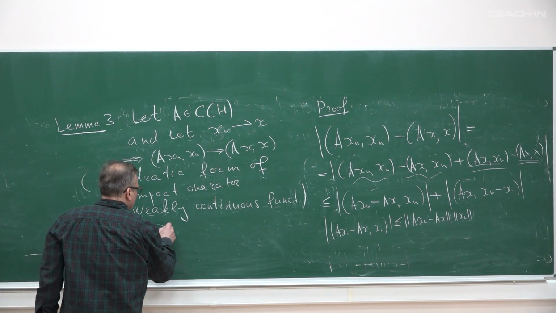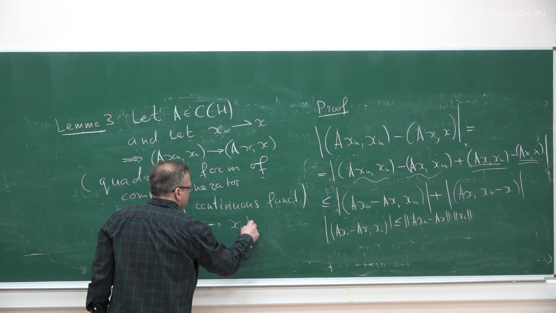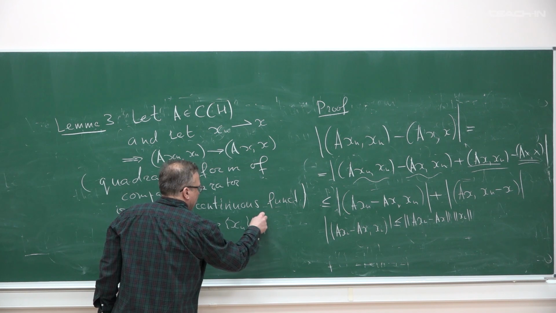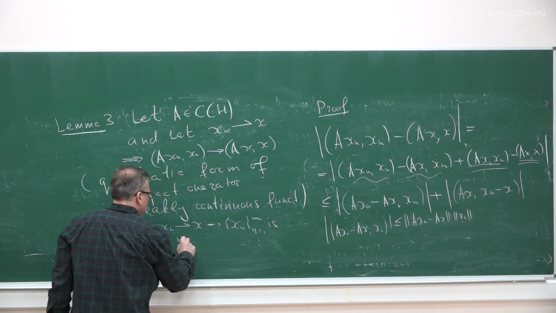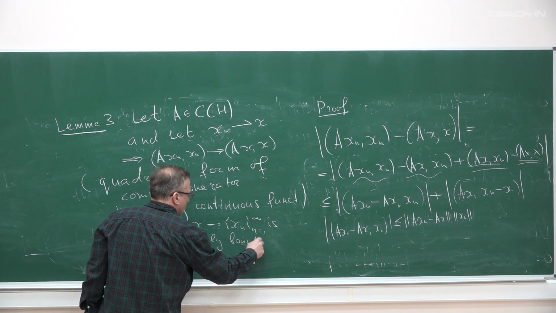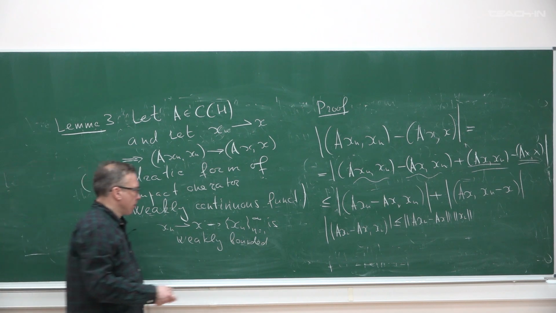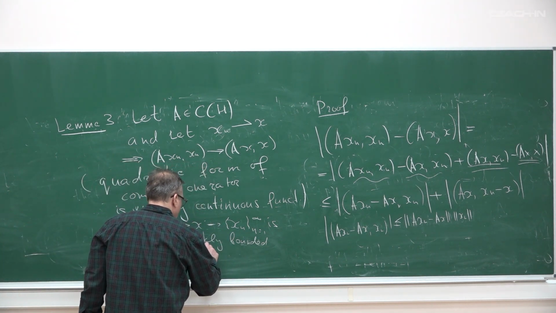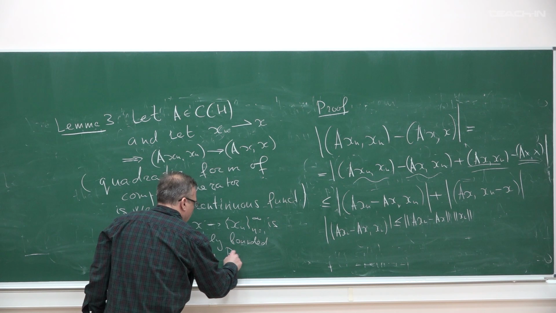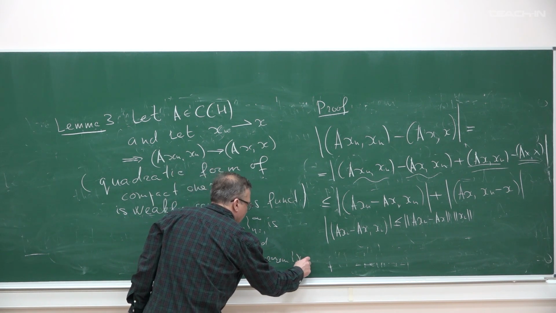So xn tends weakly to x, so xn is weakly bounded. So by the Banach-Steinhaus theorem, xn is bounded.